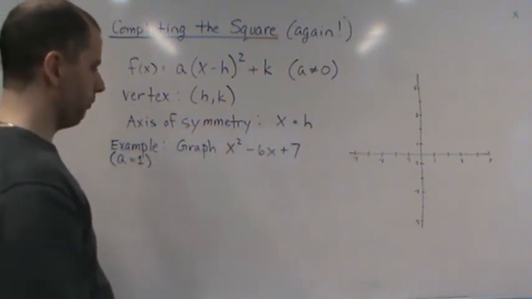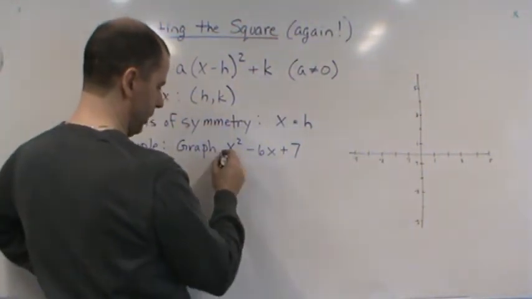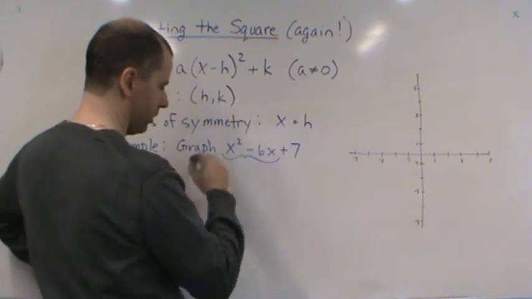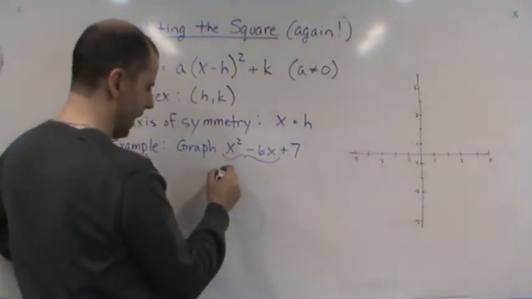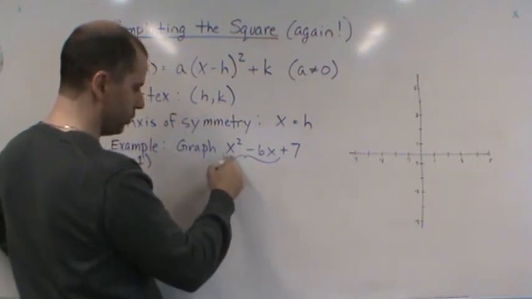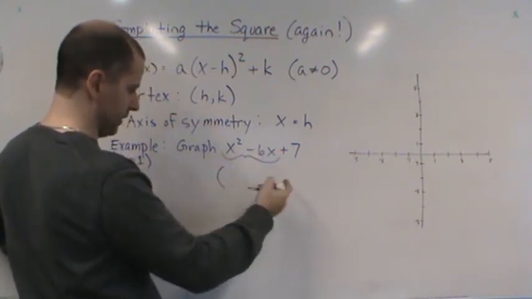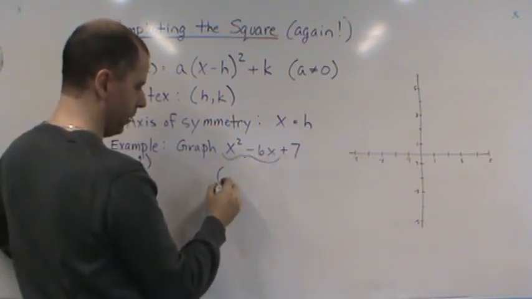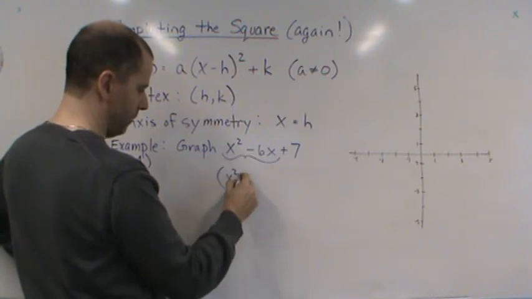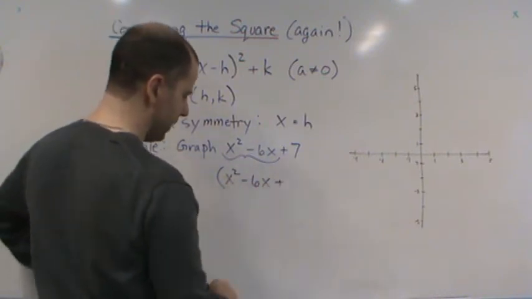So what I'm going to do is ignore the 7 and concentrate on these two terms. I'm going to complete the square on this piece, so I'm going to put parentheses here to separate these two terms from the constant. So I have x squared minus 6x, plus what?